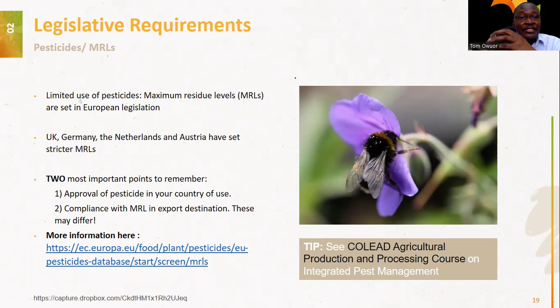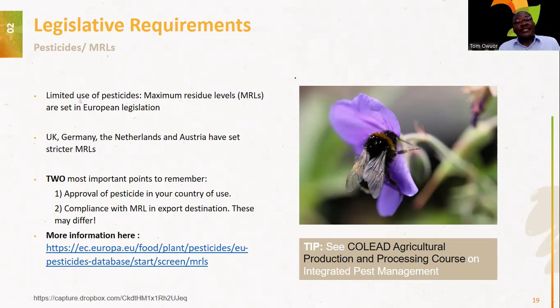Two most important points to remember here. Any pesticide that you use in your country, you must have approval for in your own country. The regulatory authorities, for instance in Kenya, we have an organization called KEPHIS that governs these issues. And compliance with MRLs in export destinations may differ because they are country specific.